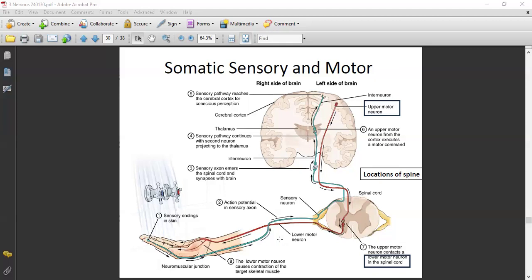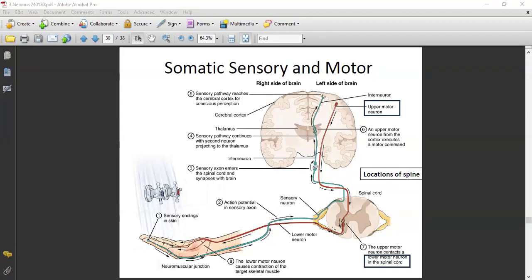Those motor movements are voluntary motor control. In a very simple version, all this voluntary control comes from your brain. You have the brain motor neurons, we call them upper motor neurons.